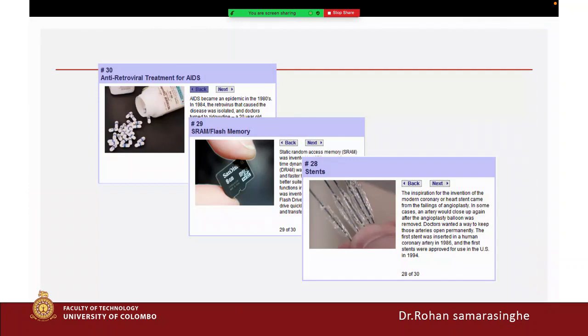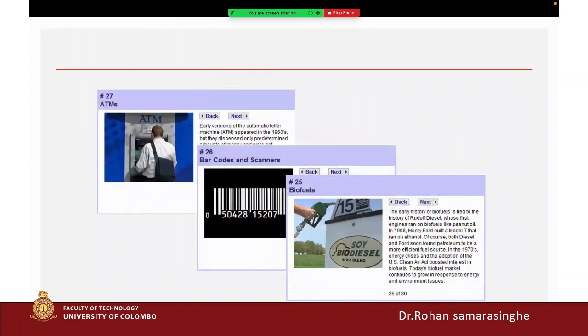Treatment for AIDS, flash memory, stents. This is used for heart surgery. Without opening the heart, the doctors can do heart surgeries. And also the electronic telemachines. Nowadays, you can find machines that can deposit money.